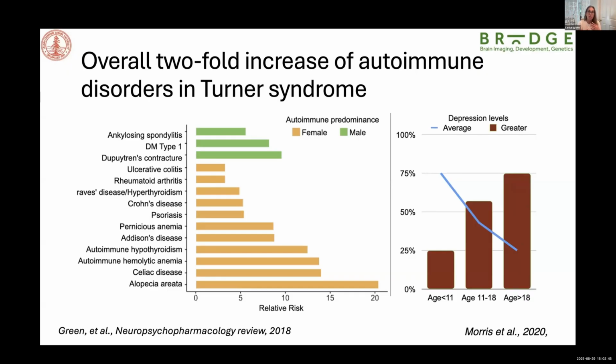This might be very obvious in other conditions in medicine, but not in psychiatry. In psychiatry, we do still have this one size fits all. So, thinking about it in a more specific way.